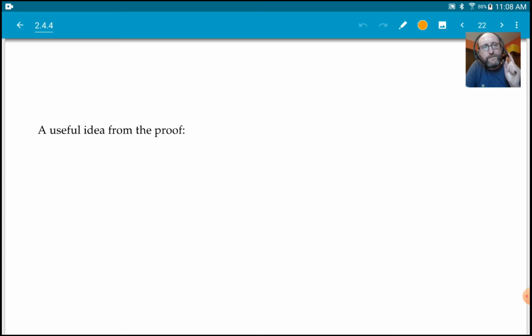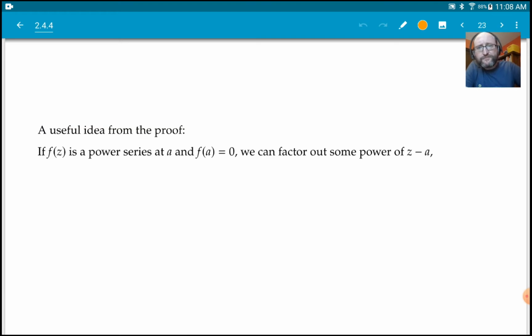Now, before we go, there's a very useful idea in this proof that we're going to use over and over, and you probably want to use over and over. It's really about power series, but it's going to be about holomorphic functions, analytic functions, whatever. If you have a power series expanded around a, and this power series has a 0 there, so the 0th coefficient is 0, then we can factor out some positive power of z minus a, or z minus a to some higher power.